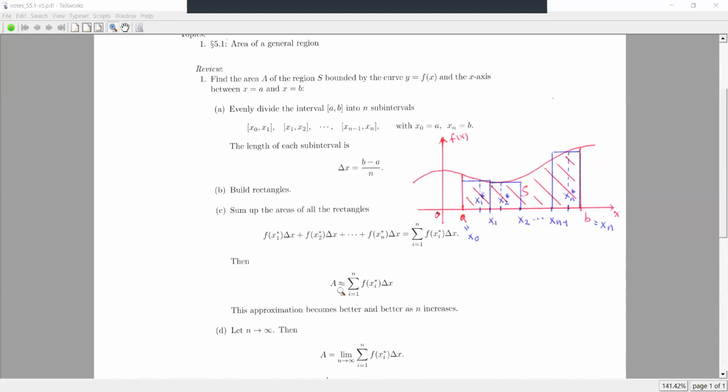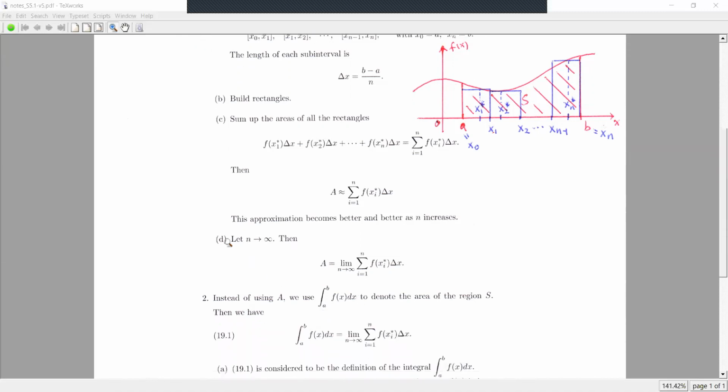More rectangles, then the approximation to the region is more accurate. So the area A of the region S is better approximated by this sum as n increases.